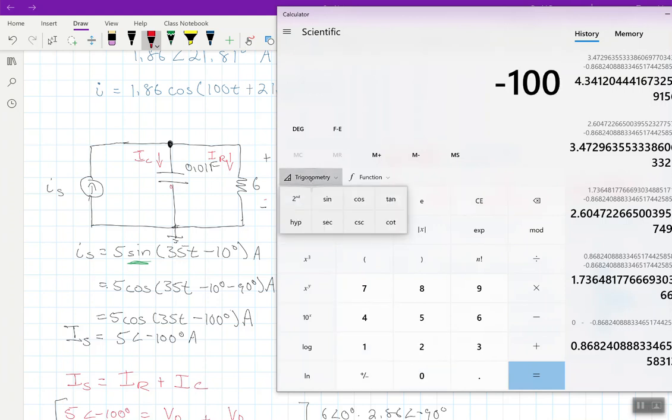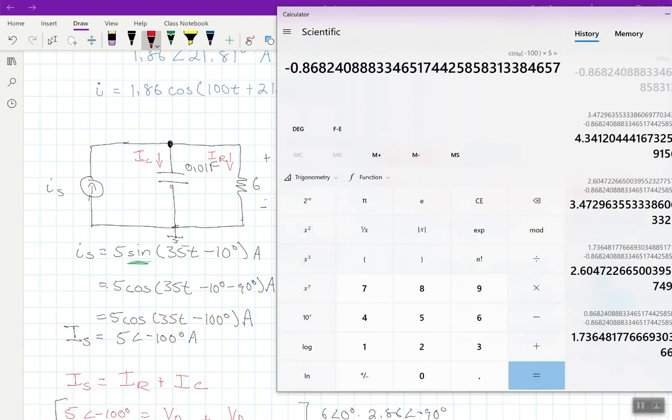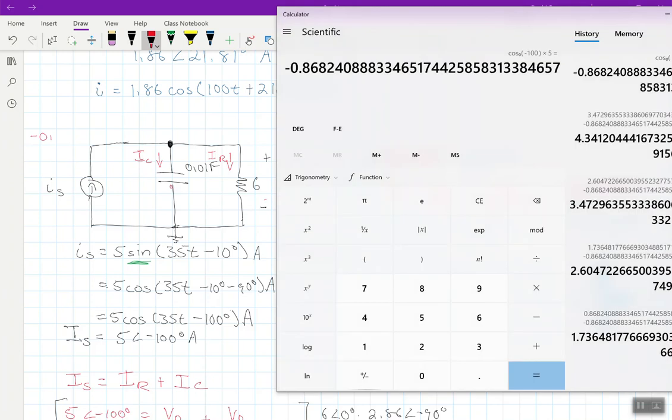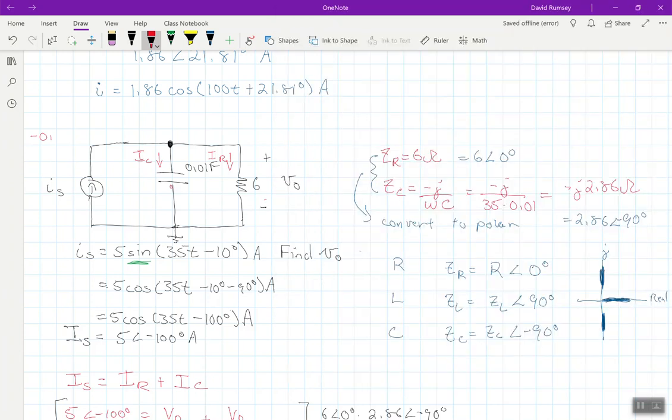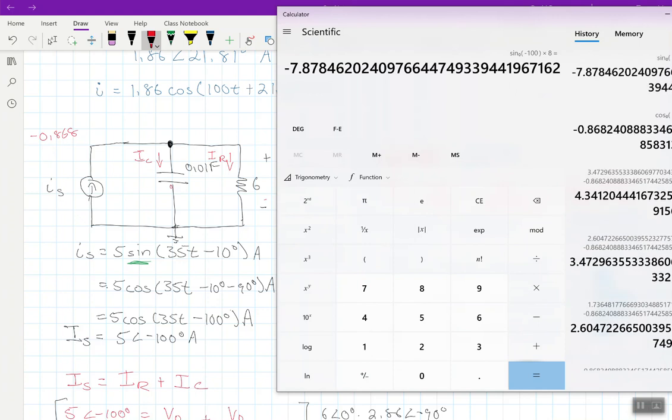Negative 100 cosine times 5. I guess it is negative 0.868. And then negative 7.88.